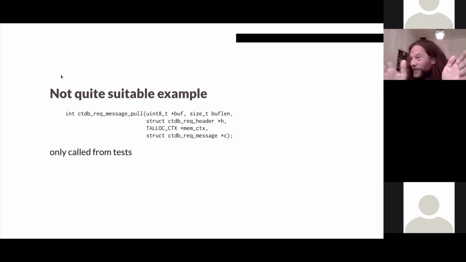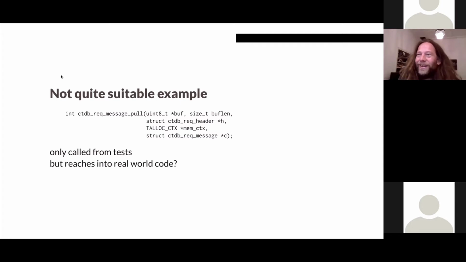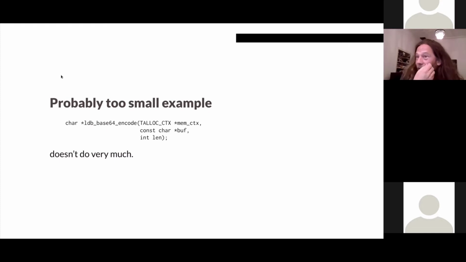Message pool, which sounds like it's pulling messages, sounds like something that would be a trouble if it was broken. So I didn't want to fuzz it because it's only used from tests, and I didn't want to fuzz it in this example because if it turned out to have a problem, then that would be bad. So, and then this other one, base 64 encode and base 64 decode, we've got a few functions that do that.